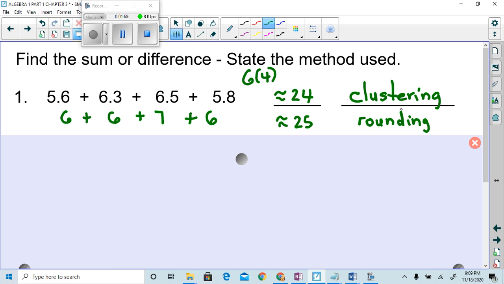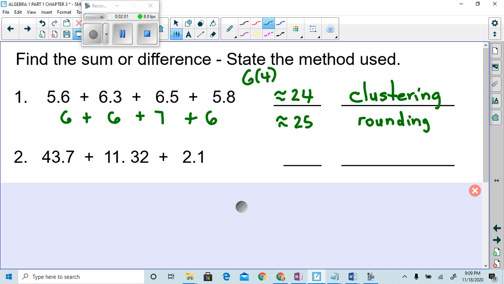Okay, on to our second problem. This is not a candidate for clustering for sure because the numbers are not near each other. So you have a choice of a front end with an adjust or a rounding. Choose your method and estimate. If we chose to estimate by rounding, we could round them all to the nearest whole number.